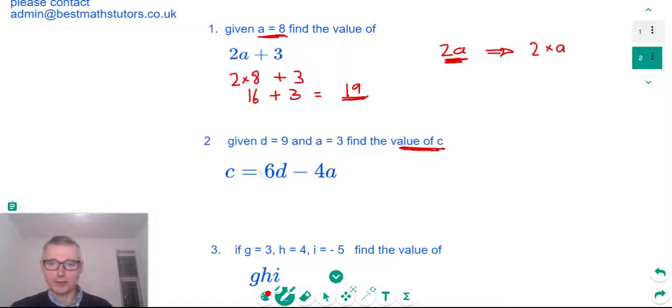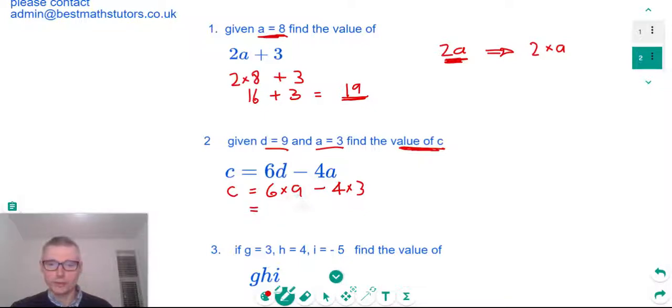What we're going to do is rewrite it, but replace the value of d by 9, and replace the value of a by 3. So I'm going to do that and say, c is equal to 6 times, instead of writing d, I'm going to write 9, and then minus 4 times 3. So I'm going to work that out.